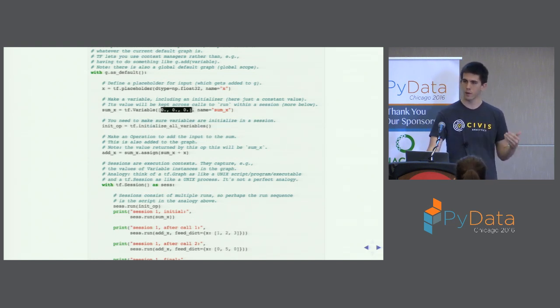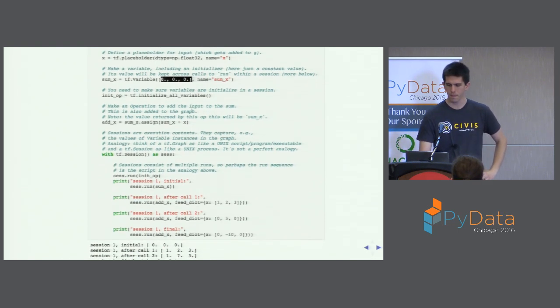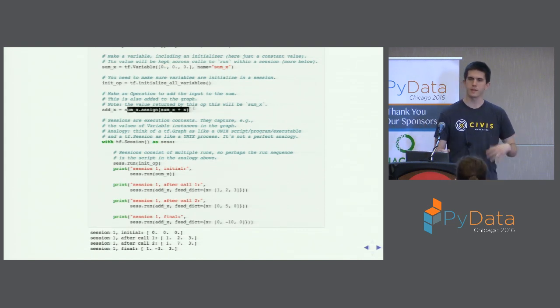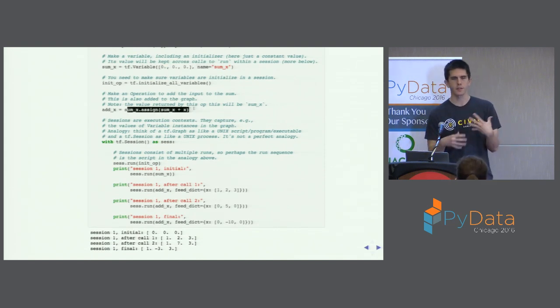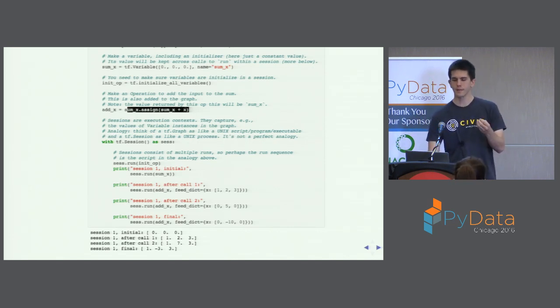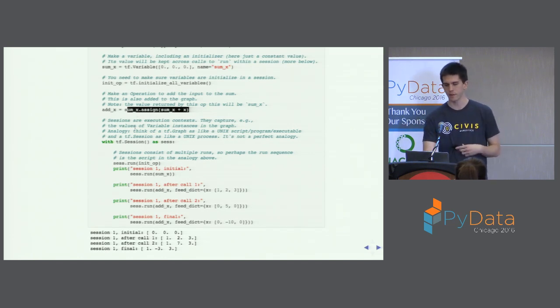Here we said that we want to initialize with 0, but we could also initialize randomly for a neural network, for example. And then we'll add operations for actually doing the work that we want. In this case, we're just going to add the input to the sum, and then assign it to the sum. So we're just incrementing by the input.